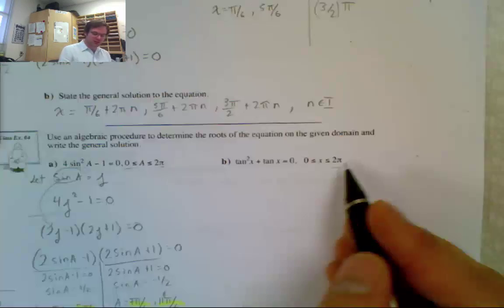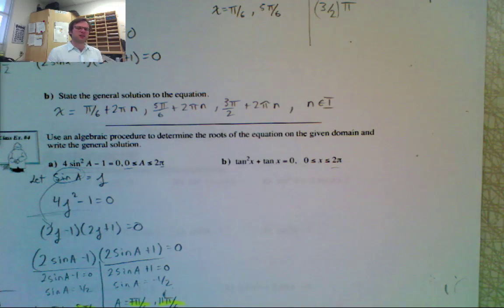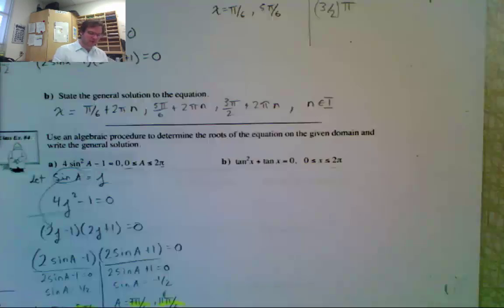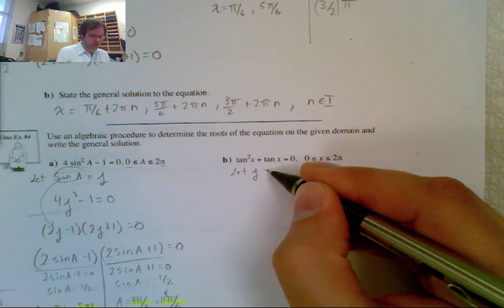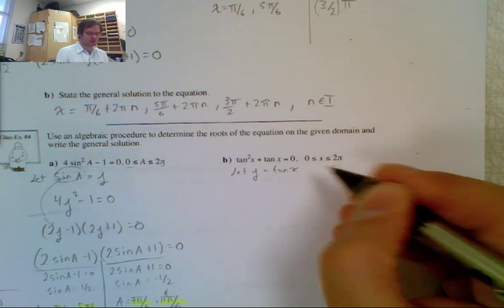Now normally this is two periods, okay? Because the period of tan x is normally just pi. So once again, this looks complicated, so I'm just going to let j equal tan x.